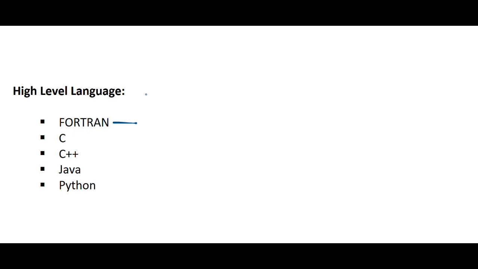High-level languages. This is where languages like Fortran, C, C++, Java, and Python come in. These are called high-level languages because they're closer to human language and much easier for us to understand and write. A fun fact, Fortran was the first high-level programming language ever created.